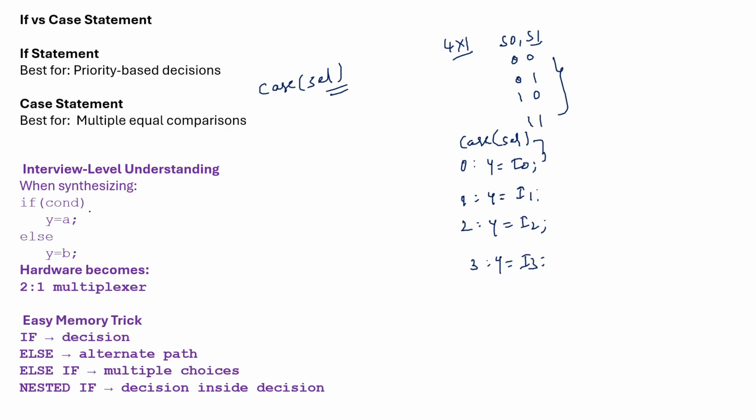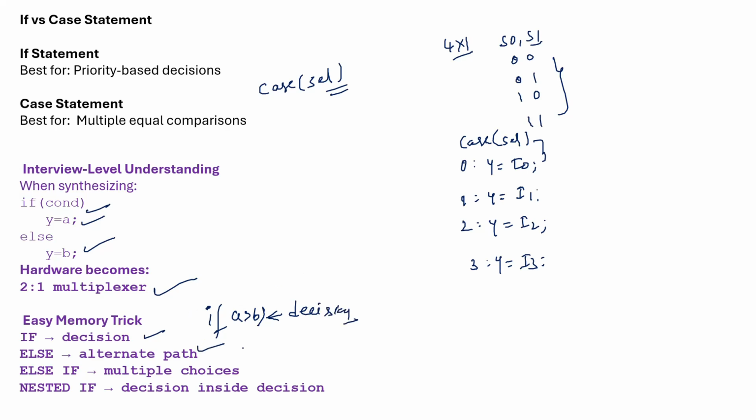See, if the condition is true, y equal to a executes, or else y equal to b executes. This is the 2 by 1 multiplexer. So an easy way to remember: the if condition is decision making. Whatever decision you are taking in the if condition, this is called a decision. If this decision is true, then you can go to that.